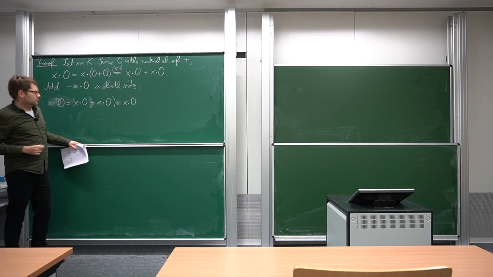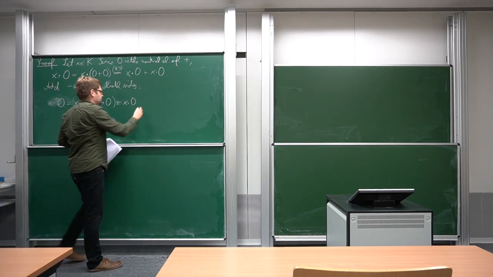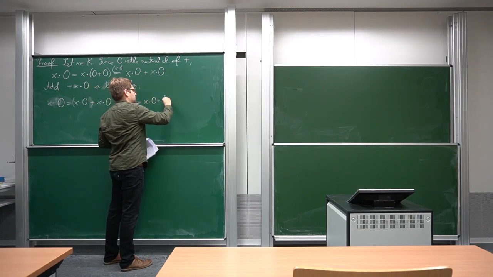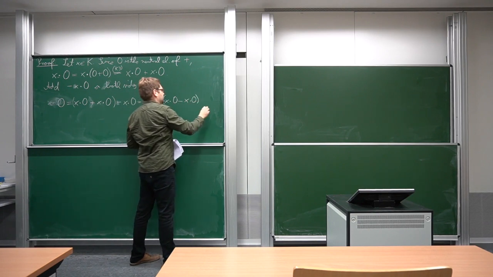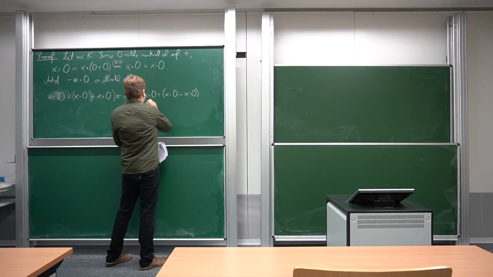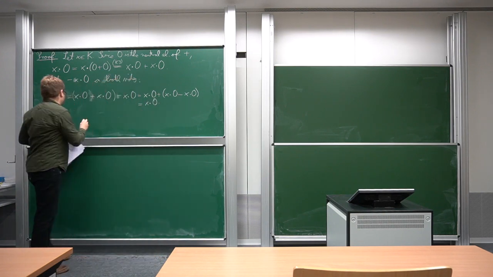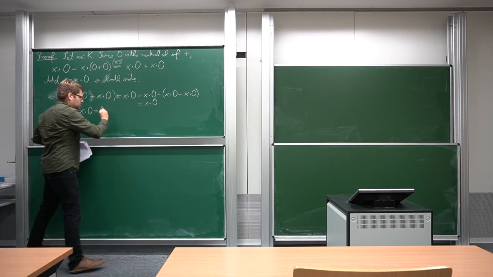Here we again know that this is associative, so we can shift the parenthesis, and get x times 0 plus (x times 0 minus x times 0), and this is by definition 0. So this becomes x times 0. So we've shown x times 0 equals 0, what we wanted to do.